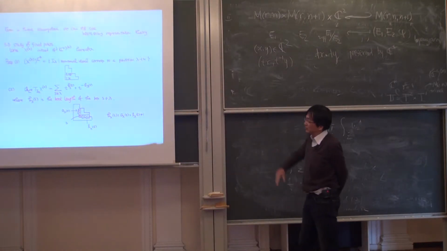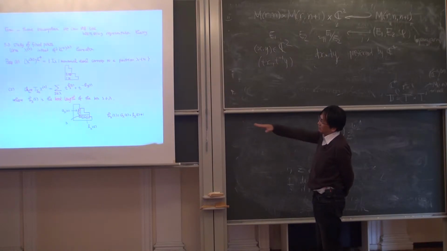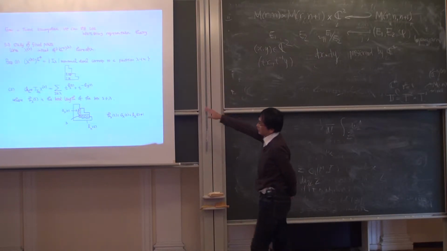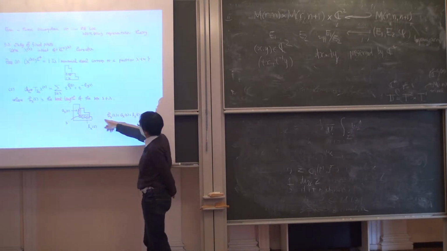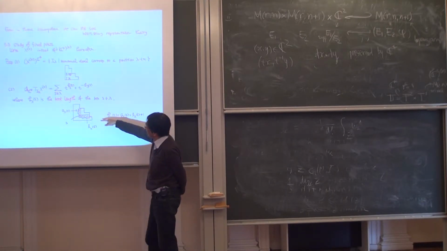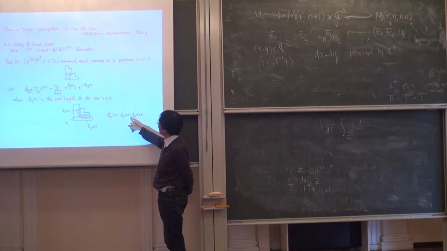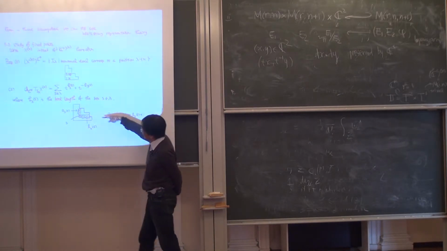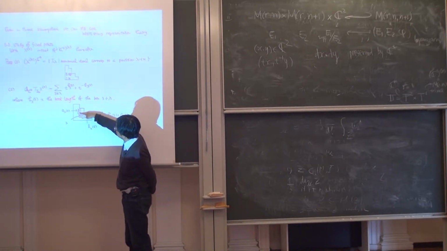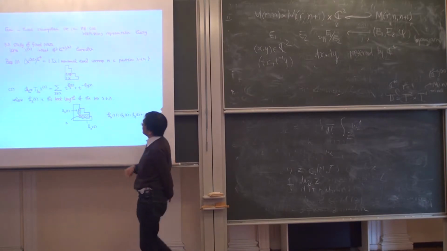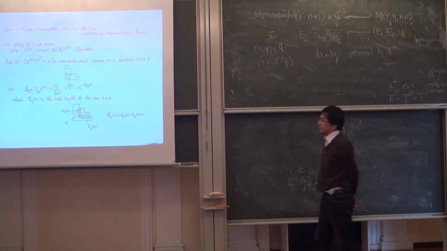My Young diagram is sleeping on the floor, so this is the arm and this is the leg, and the hook length is the sum of the arm length and the leg length plus 1. So it is just the number of boxes in this hook.